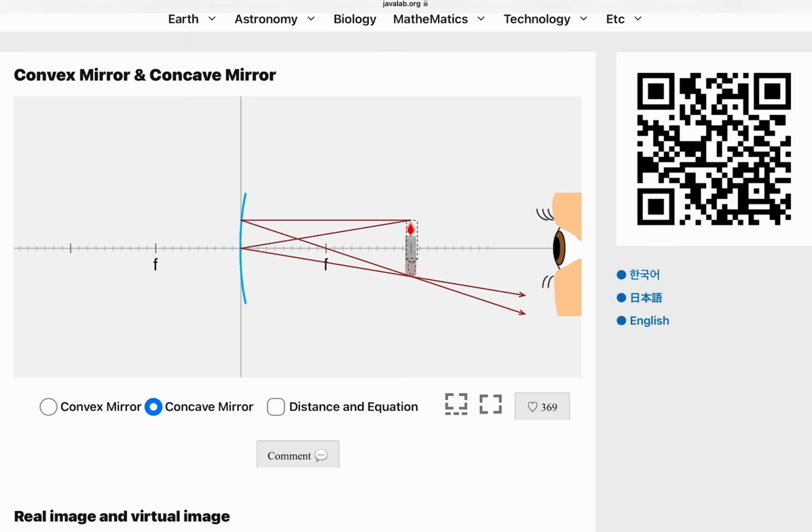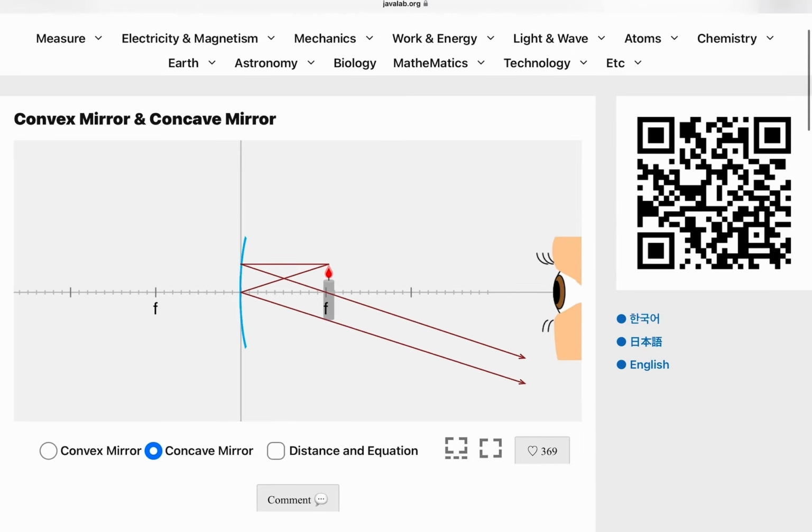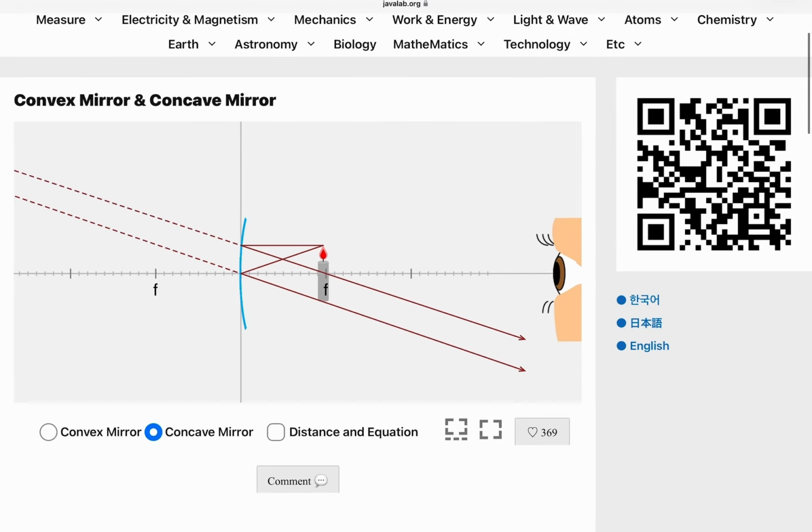Careful. If we place the object between the focal point and the center, the image is going to be inverted, but with a magnification greater than 1. And it's going to be real. If we place the object at the focal point, no image is formed. Why? If you are asked why no image is formed at the focal point, because you see that those two rays are parallel to each other.